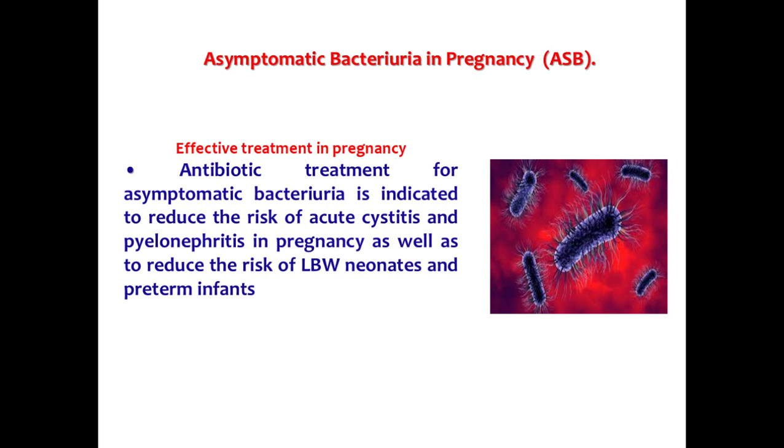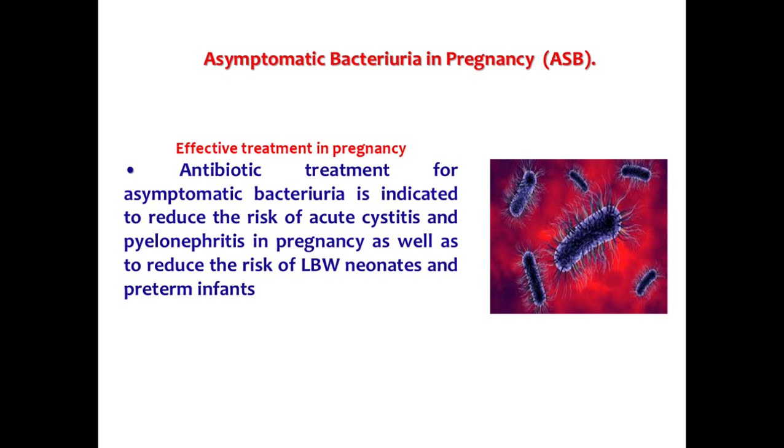As we said before, the organisms that cause asymptomatic bacteriuria are the same as those causing infection in pregnant and non-pregnant females. So we will start an antibiotic or antimicrobial agent against Escherichia coli.